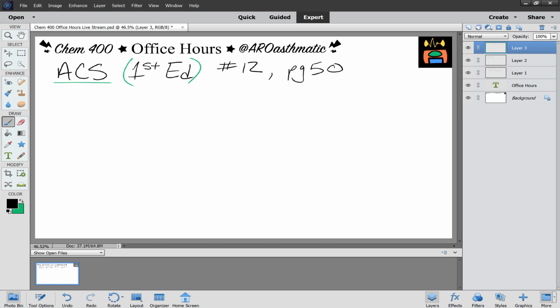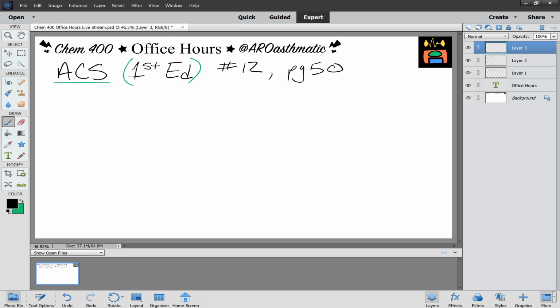All right, and the question reads, the standard enthalpy of formation for nitrogen dioxide, which is NO2, is the enthalpy change for which reaction?